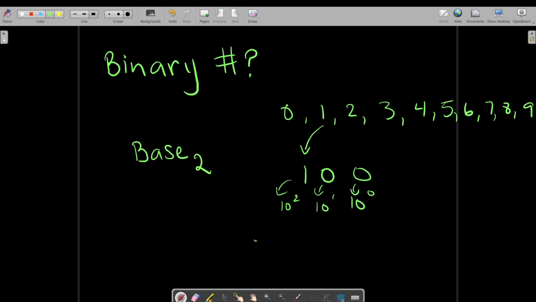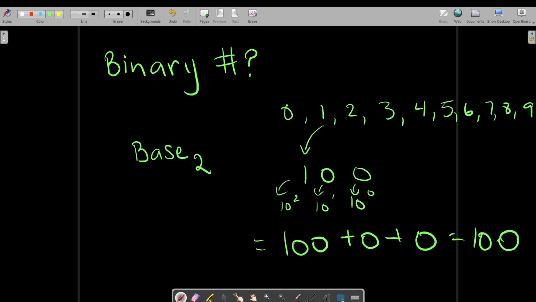So we get 1 times 10 to the power 2, which is 100, plus 0 times 10 to the power 1, which is 0, plus 0 times 10 to the power 0, which is 0. So that would be 100 right there.